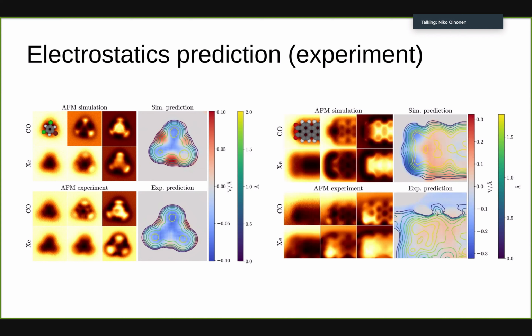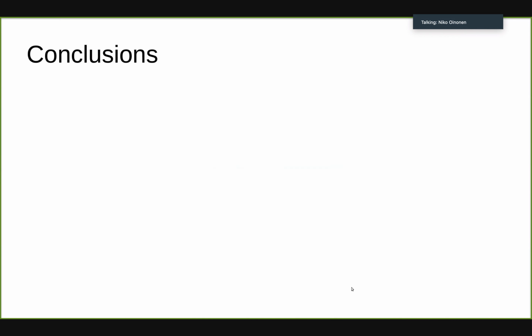There are some additional features seen also in the experimental predictions, which probably should not be there. So the robustness of the model probably still could be improved quite a bit. But overall, we find that the matches are fairly good at this point already.